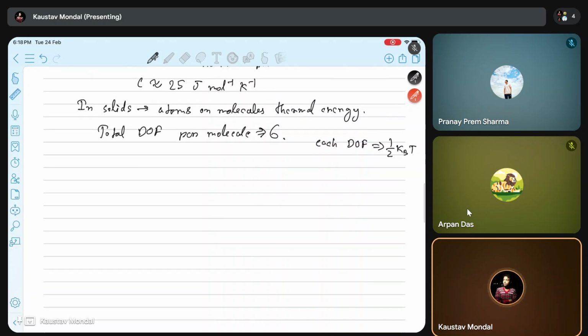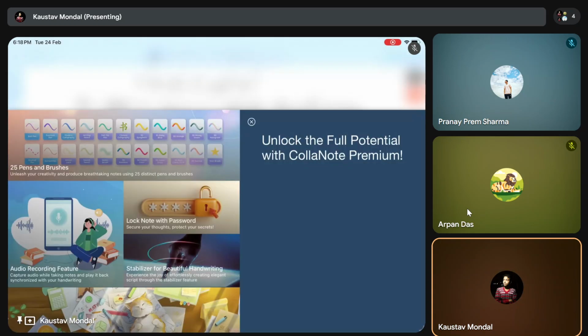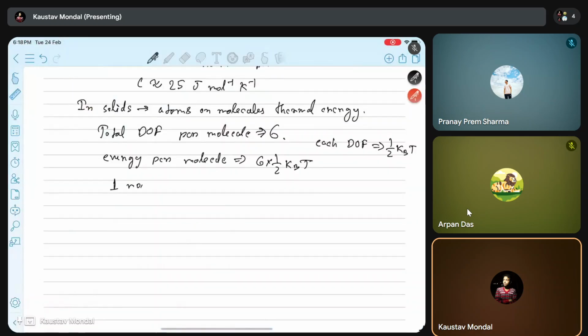So for a particular atom, the energy per molecule or atom would be 6 into half kBT, and for 1 mole it would be multiplied with Na, since Na number of molecules or atoms are there in the particular substance. So Na into 6 into half kBT. So that would become 3RT.